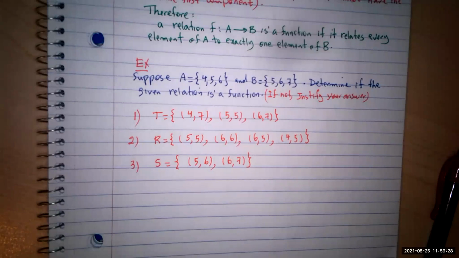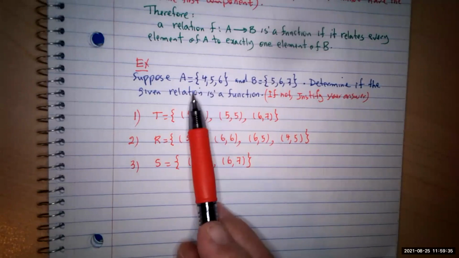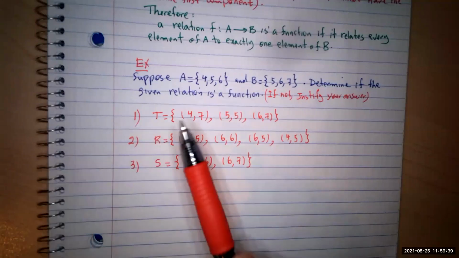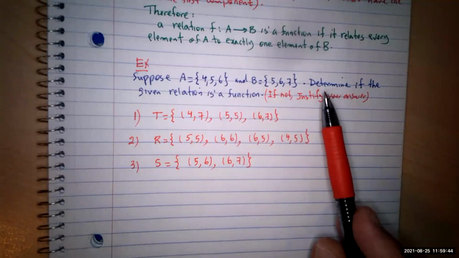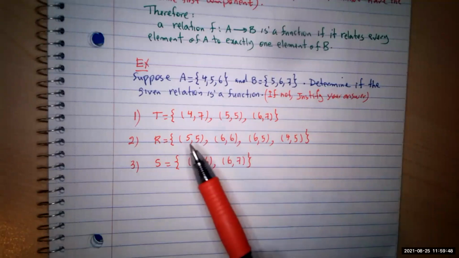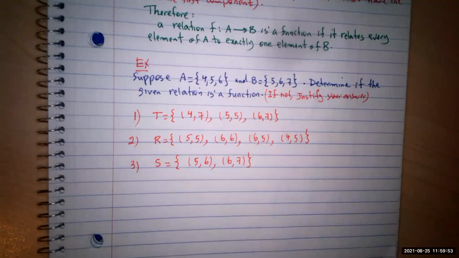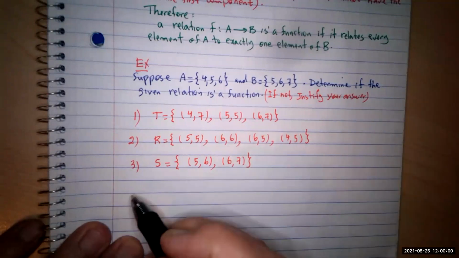The first condition is that the function must cover all the members of A. So 4, 5, 6 must be the first components of your ordered pairs. And the second is no sharing. So this 4 is related to just one element in B. No two ordered pairs can share the first component. If these two conditions are satisfied, the answer is yes. Otherwise, it's no. So, solution.